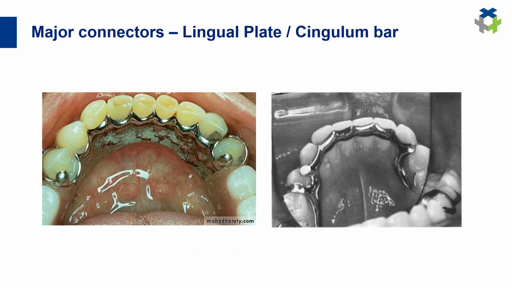So this is very important. The next is the cingulum bar, which can also rest on the cingulum of the anterior teeth, and so this can act as an indirect retainer. Most commonly, this type of indirect retention is used in distal extension partial dentures or long span distal extension partial dentures like your class 1 or class 2.